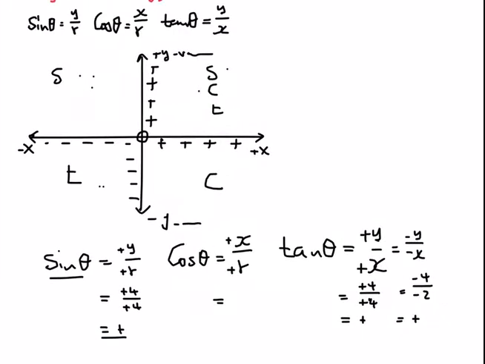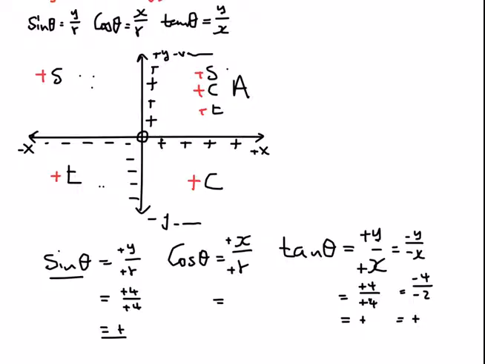So that means sine is positive in the second quadrant, cos is positive in the fourth quadrant, tan is positive in the third, and all of them are positive in the first quadrant. So that is why we can just say all of them are positive in the first quadrant.